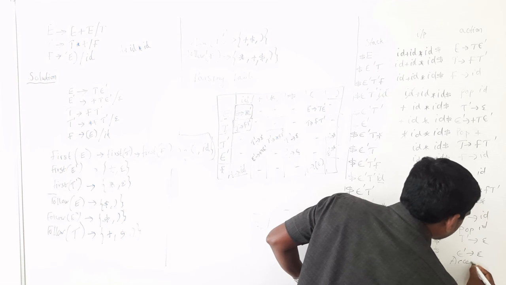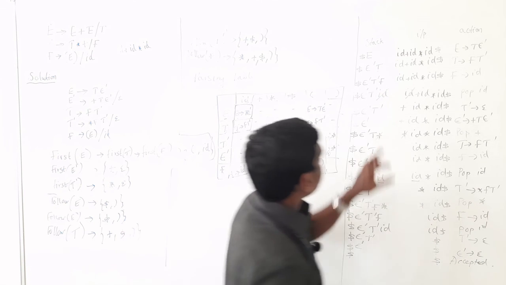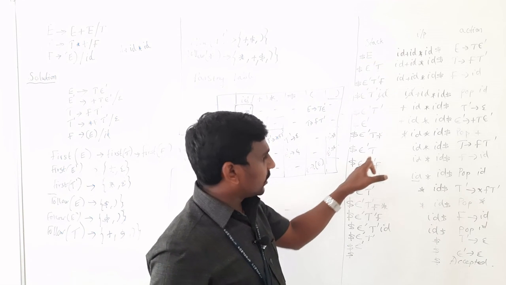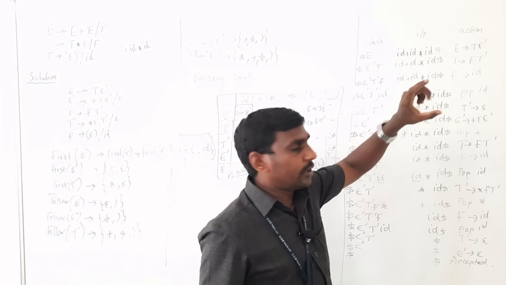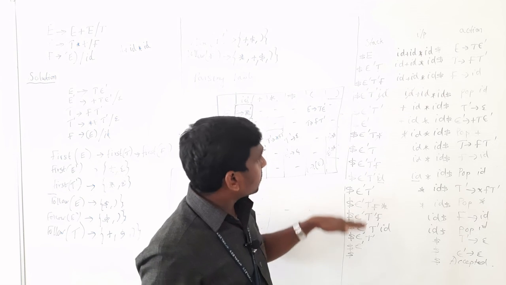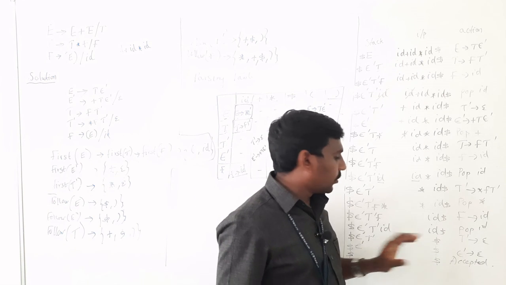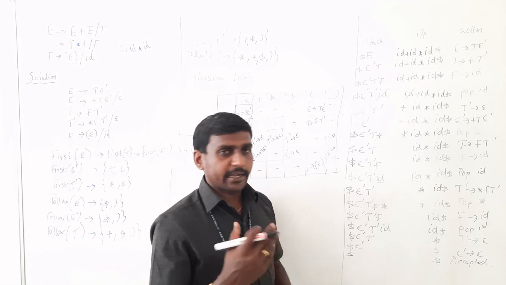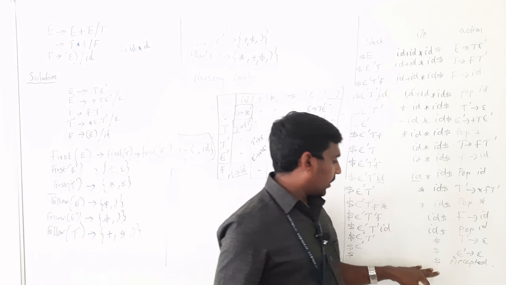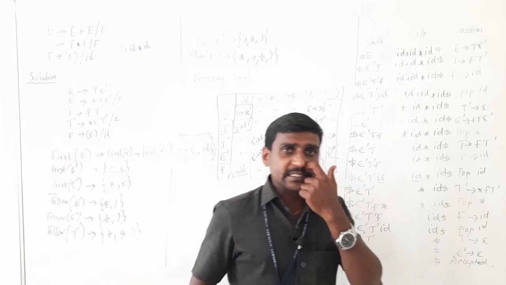If some variable remains at the end, it is not accepted. If it is dollar and dollar, it is accepted.